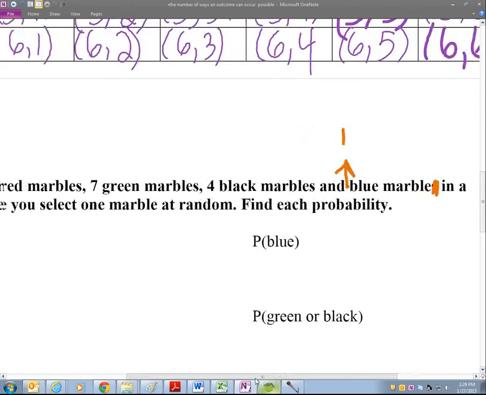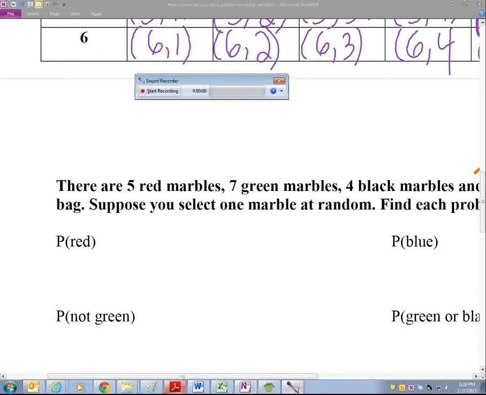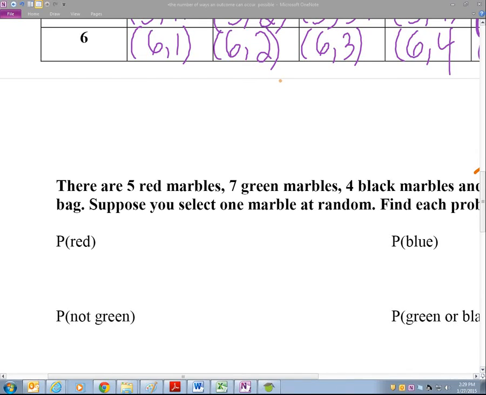Now, whenever you see the probability of something, it's going to look like this. It's going to be a P, which means, what do you think? Probability. Yeah, it stands for probability. And then it's saying of red, like of something with red.